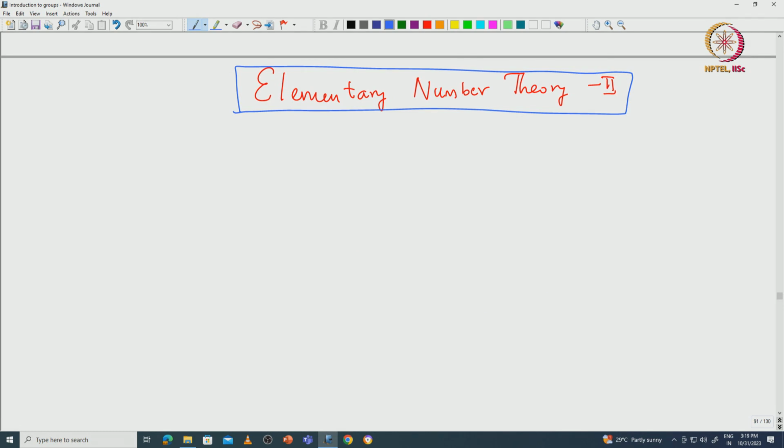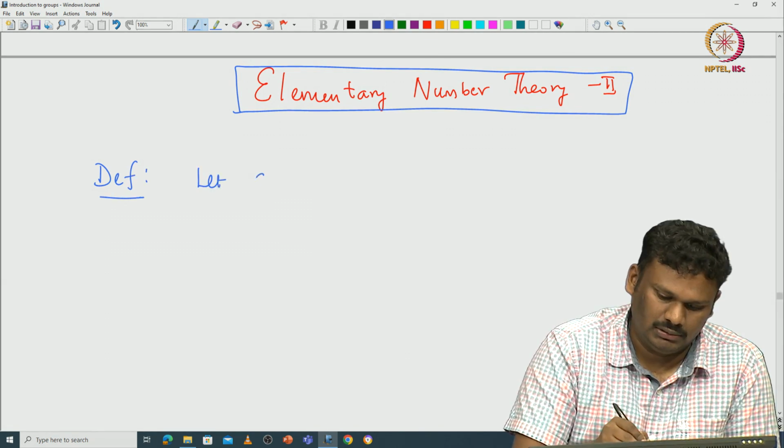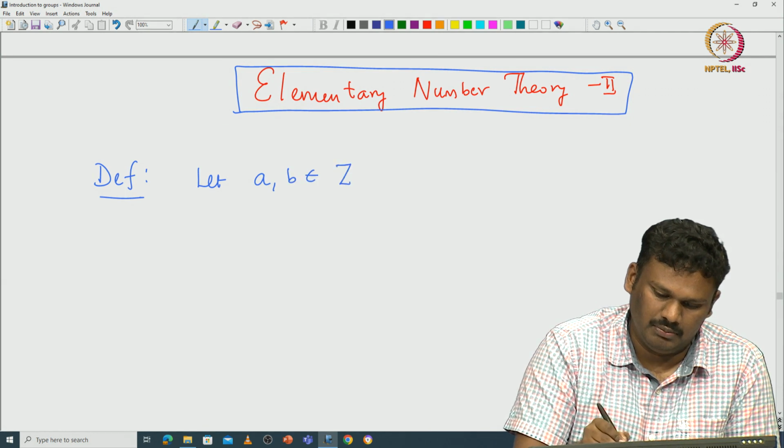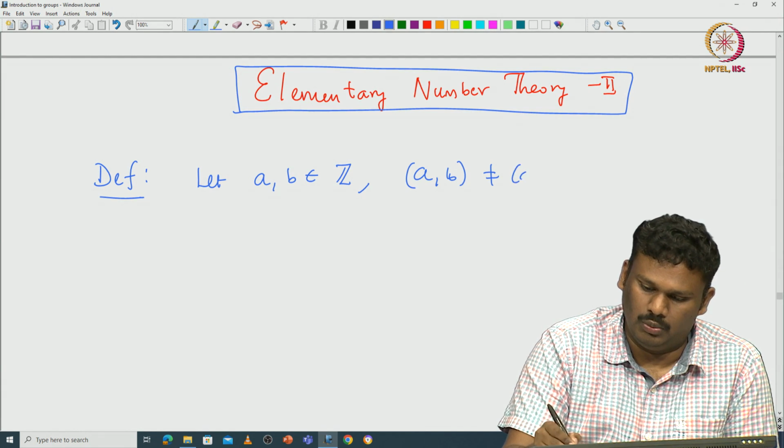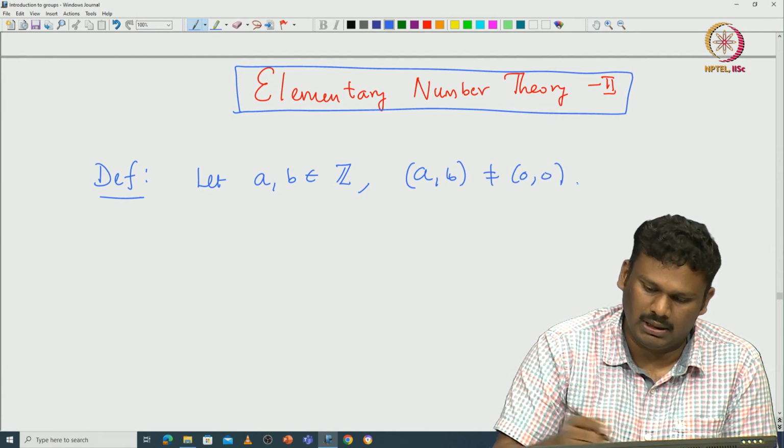So we call two integers relatively prime if the GCD of A, B is 1. Okay. So here is the definition. Let A, B be in Z such that A, B are not both 0.